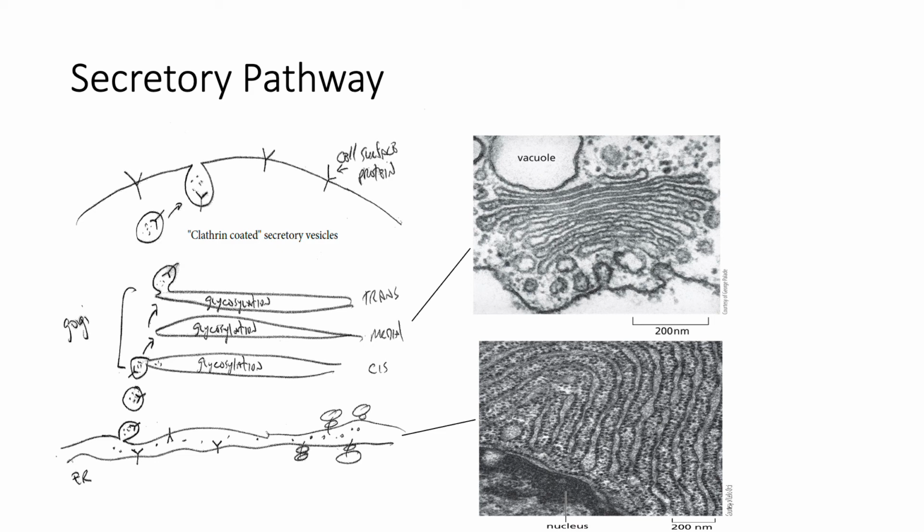On the right-hand side, again, it just shows an electron micrograph of the ER, and then it shows the Golgi. Looks kind of like layers of pancakes.